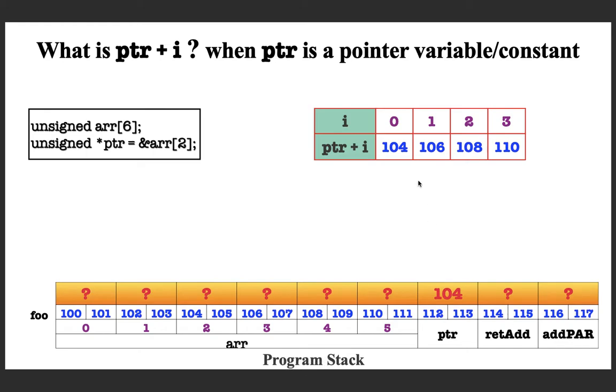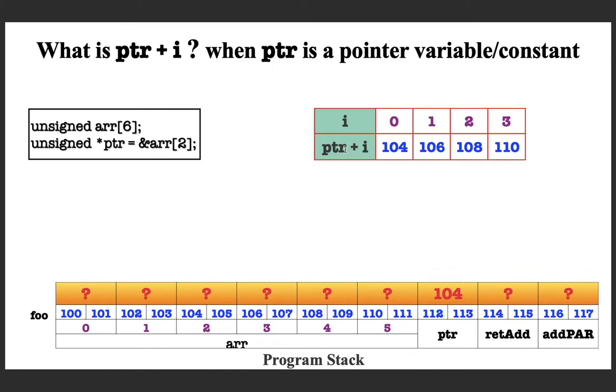Now if you look at PTR, the PTR value is 104. So PTR plus I, when I is 0, is 104, the same address. And you can see that PTR plus 1 is the address of the element in the next position. In the next position it is index 3, and the address is 106.